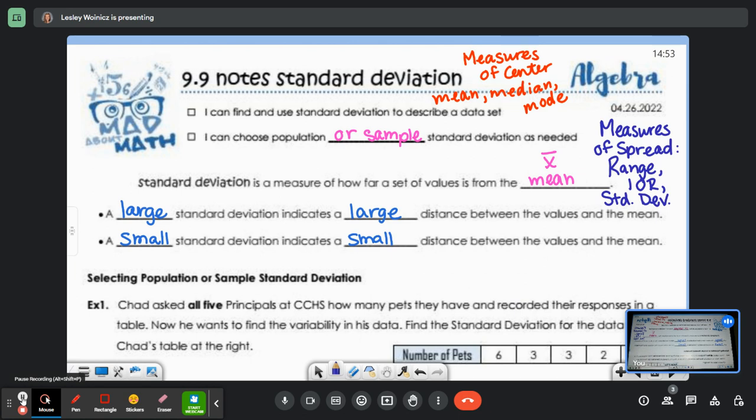The measures of center are telling us about the middle of our data. The measures of spread are telling us how far the data is spread out. Everybody okay with that? Okay.